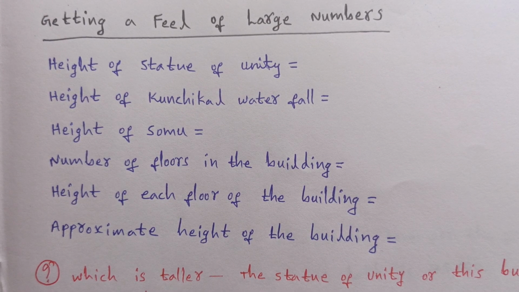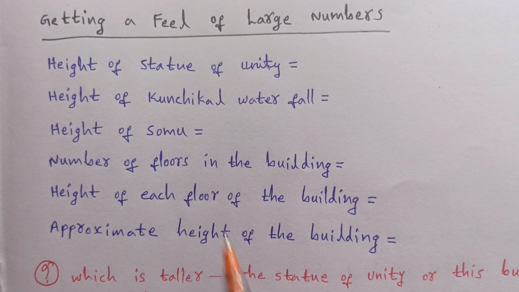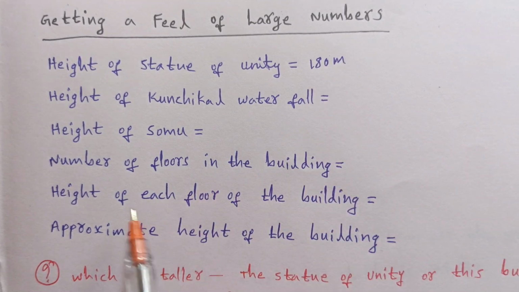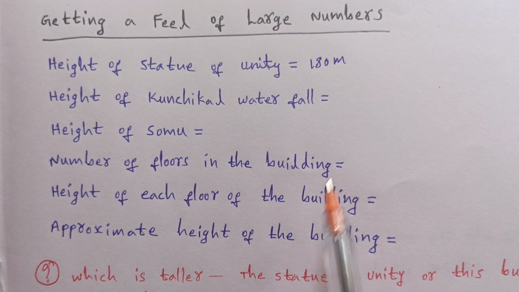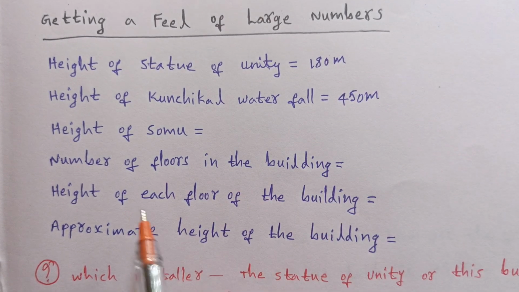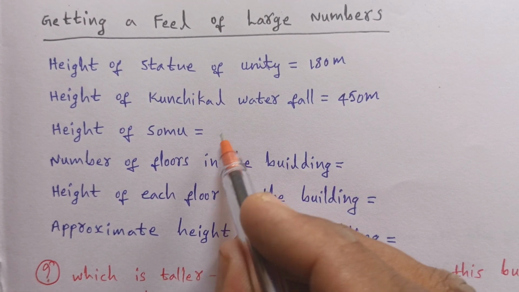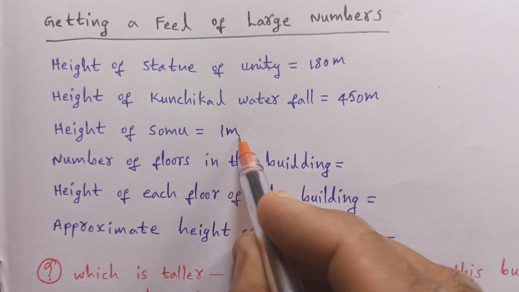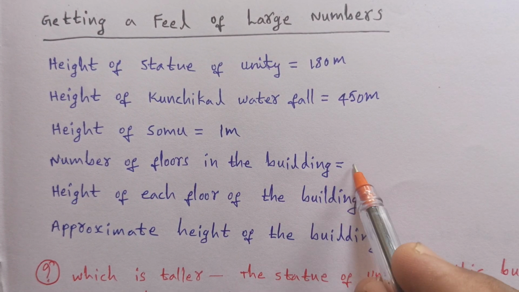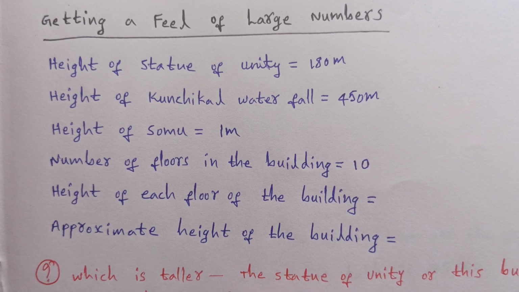Before solving the problem, we will write the given data. Height of Statue of Unity is 180 meters. Next, height of Kunchikal waterfall is given as 450 meters. Next, height of Somu is also given, that is 1 meter. Next, number of floors in the building: total 10 floors are there.